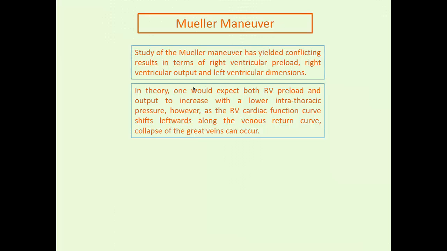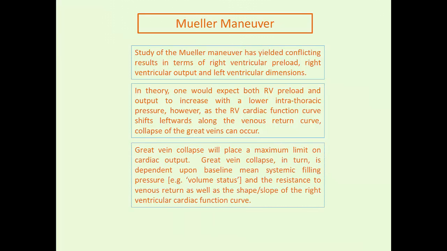But as we saw, the right ventricular cardiac function curve shifts leftward along the systemic venous return curve, and if you start getting venous collapse, if you start hitting that portion of the venous return curve where you have maximal venous return, you will actually fail to increase your right ventricular dimensions and therefore your right ventricular preload and output.